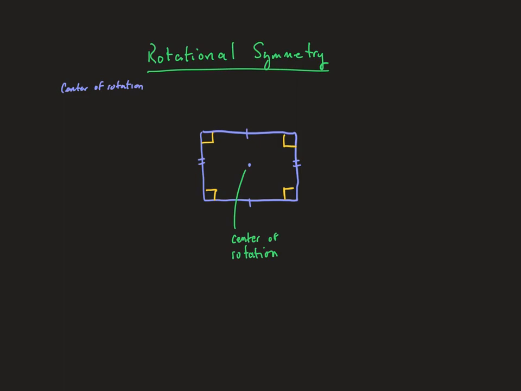So every figure has an order that's at least 1, because it can always rotate back onto itself. If we look here at this given figure, with this being my center of rotation, as it rotates either clockwise or counterclockwise, after 180 degrees it should rotate and spin right back to itself.